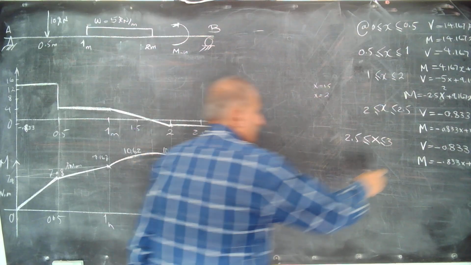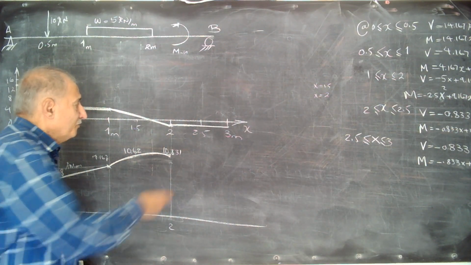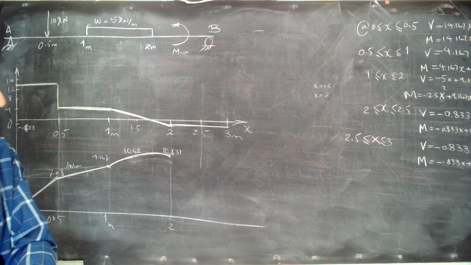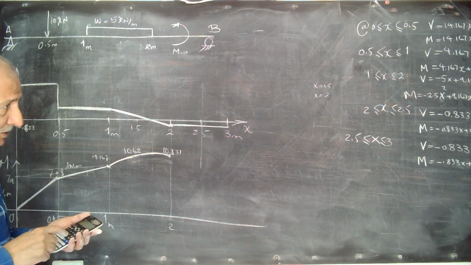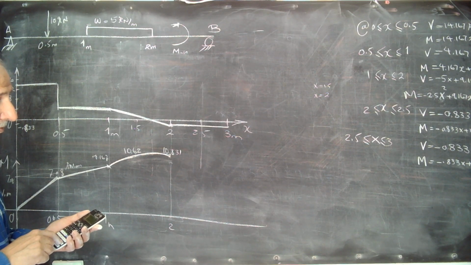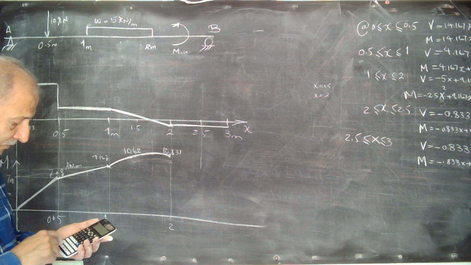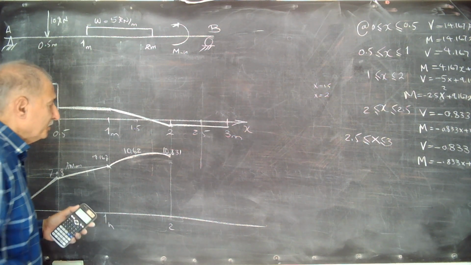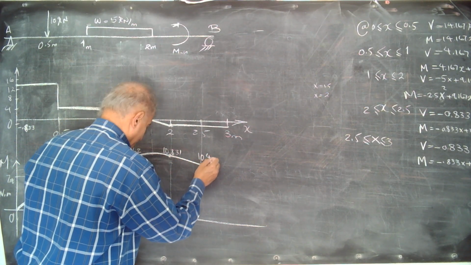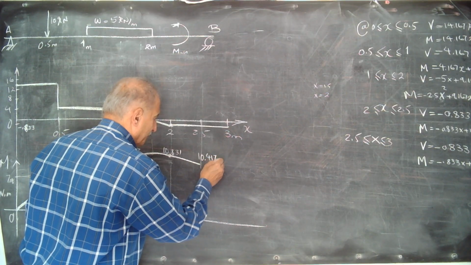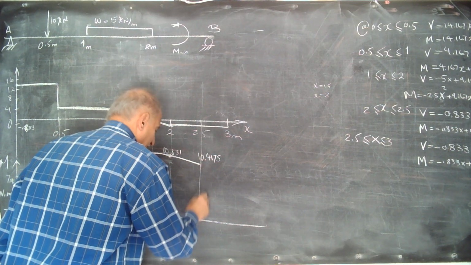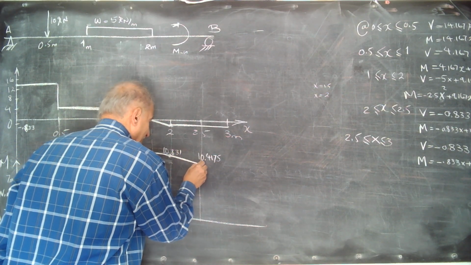Minus 0.833x plus 12.5 is a straight negative slope line, which we wanted to find at 2.5: minus 0.833 times 2.5 plus 12.5 is 10.4175 kilonewton meter.